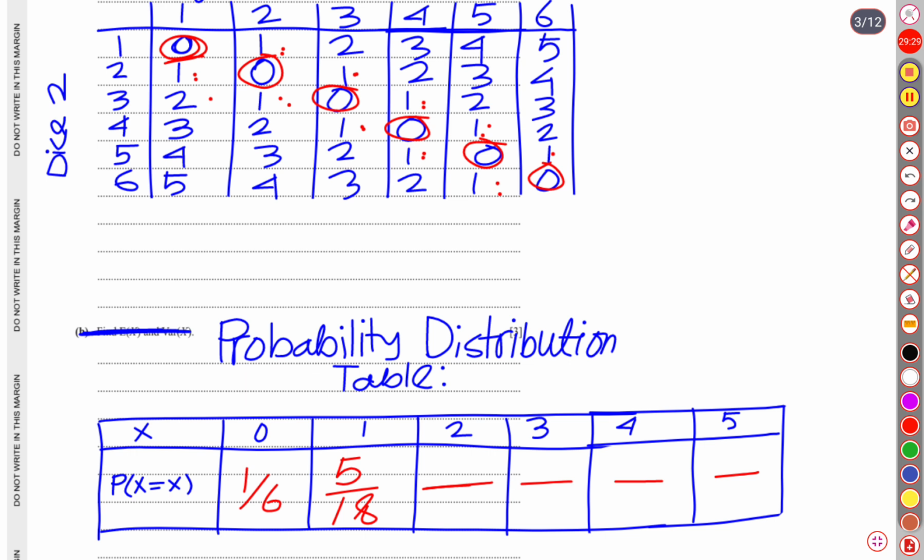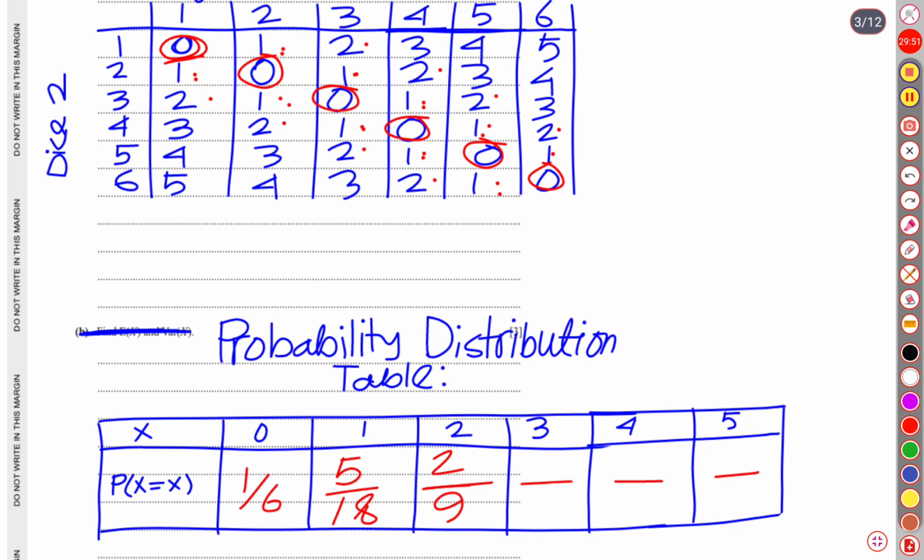Let us see. 1, 2, 3, 4, 5, 6, 7, 8. There are 8 2's. So 8 out of 36 means 2 over 9.